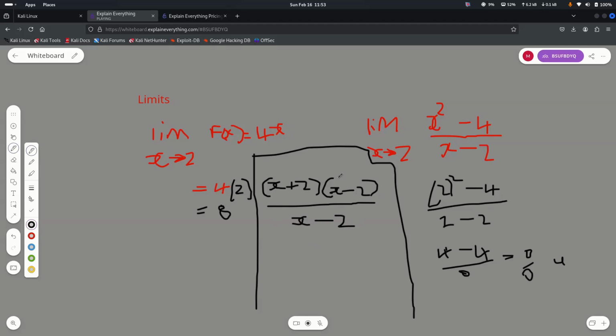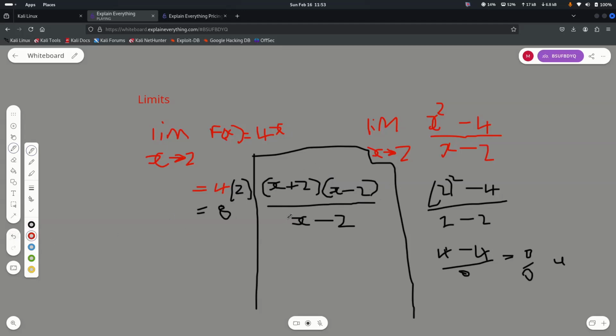If you want to take this back to its original state, we say x multiplied by x is x squared. Then x multiplied by negative 2 is negative 2x, and this one is positive 2x. When we add them together they form 0, and when we multiply this positive 2 with negative 2, it gives negative 4, meaning we are correct now.